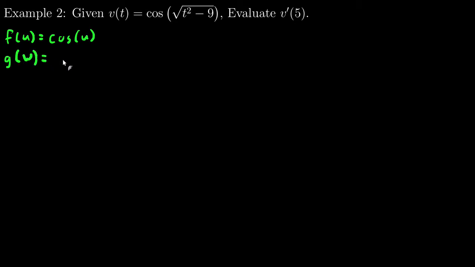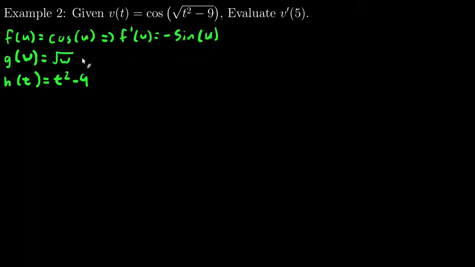Okay, lovely. Is the square root of w. And inside of that, I have h of t, which is t squared minus 9. And so I can see that the derivative of f will be negative sine of u. The derivative of g will be 1 over 2 root w. And the derivative of h will be 2t.